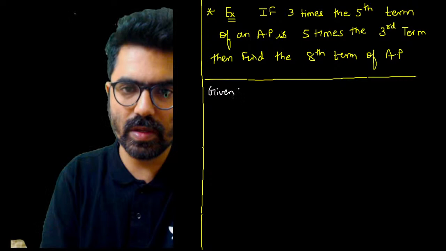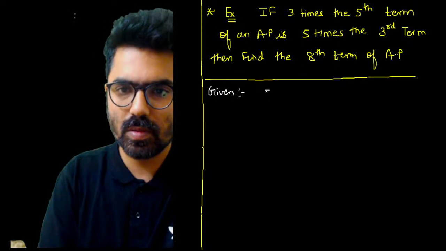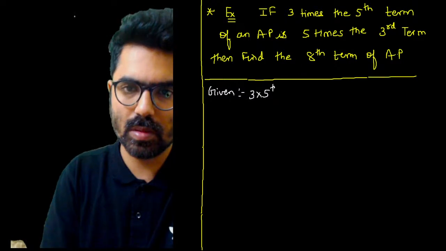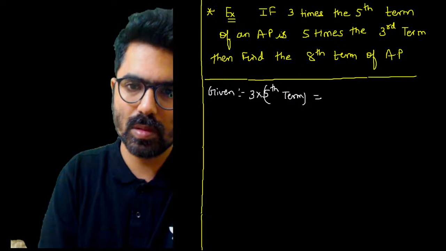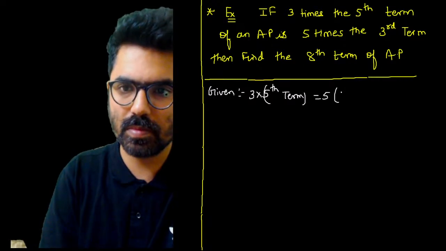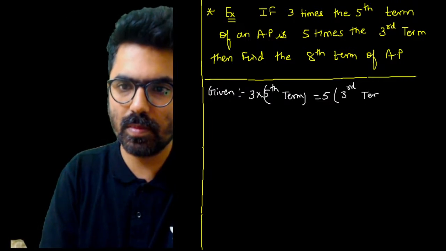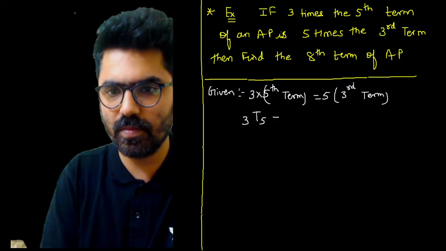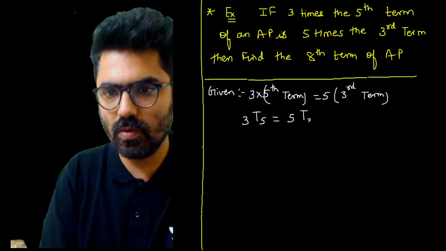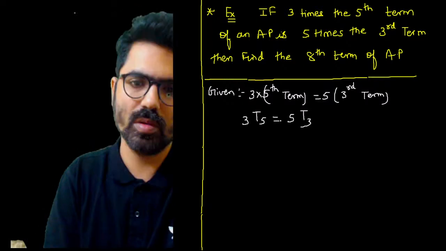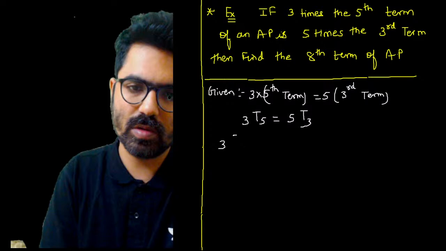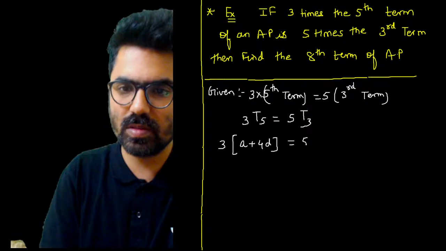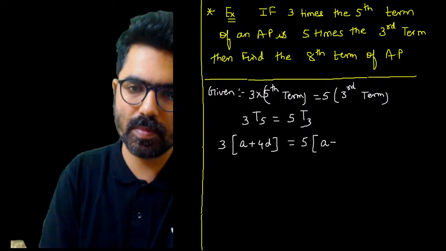Given is 3 times the fifth term is 5 times the third term. Let's write it like this: 3 into T5 equals 5 into T3. So what is T5? T5 is A plus 4D. What is T3? A plus 2D.